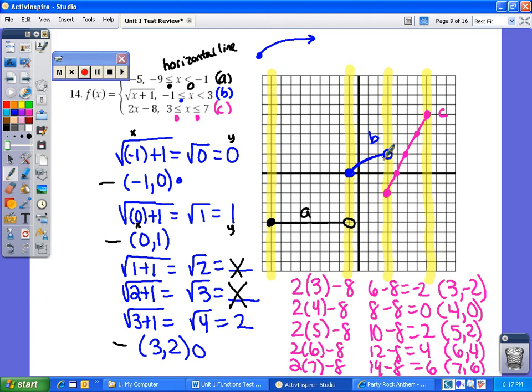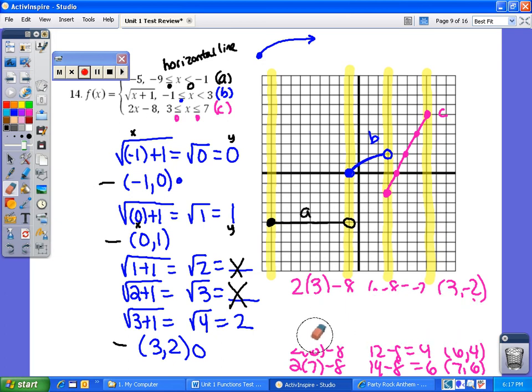Okay, the last one, I was a little ambitious. You really just have to plug in 3 and plug in 7. So I don't know why I plugged in all of those numbers. But if you plug in 3, you get the point 3, -2. And then you get the point 7, 6.